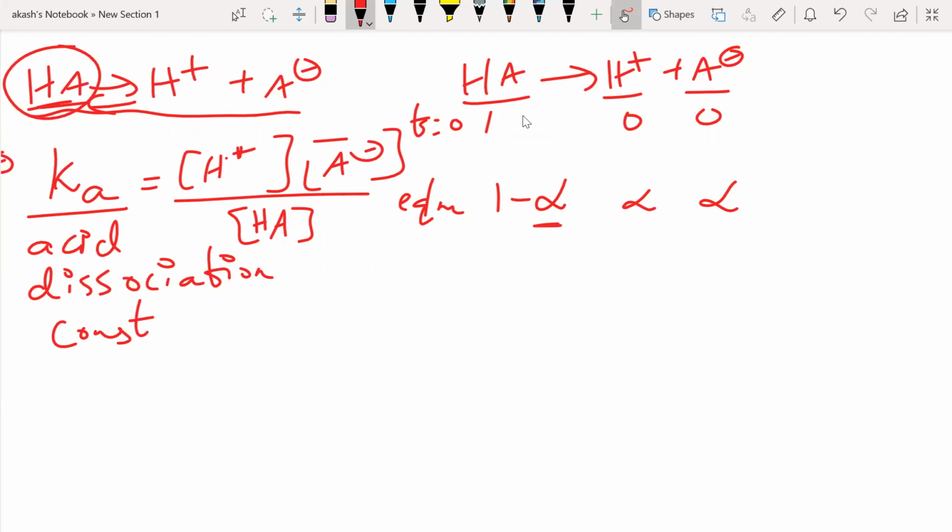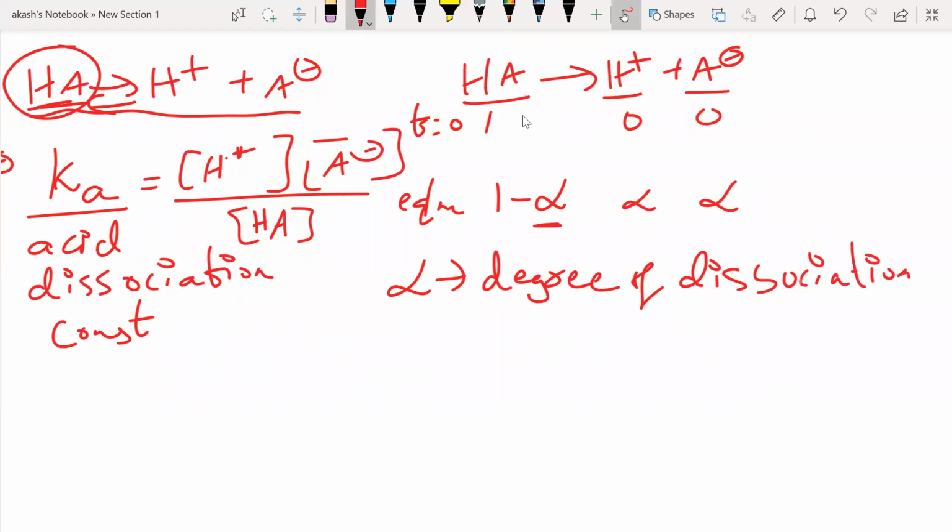This alpha is called the degree of dissociation, the extent of dissociation. Depending on the alpha value, I say that this much dissociation has happened. For example, if the alpha value is 0.5, that means it has been 50% dissociated.